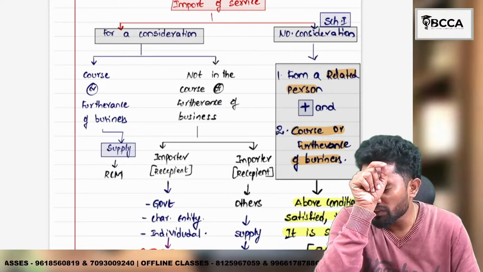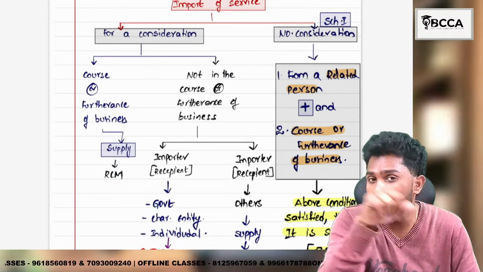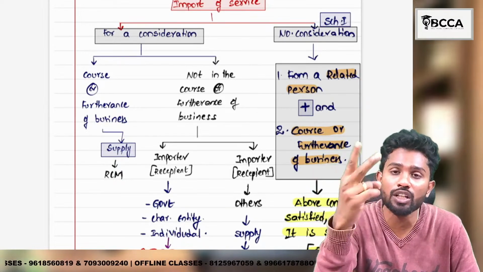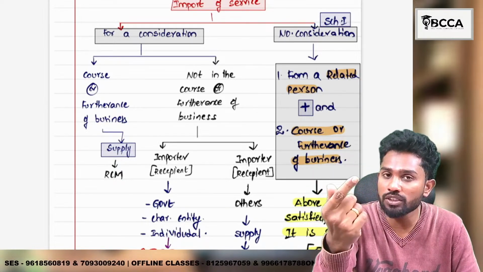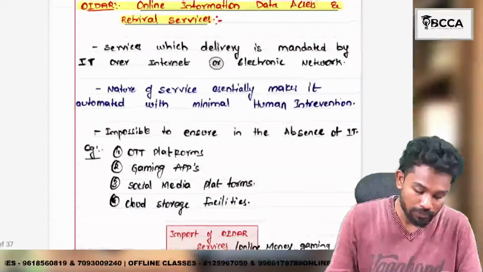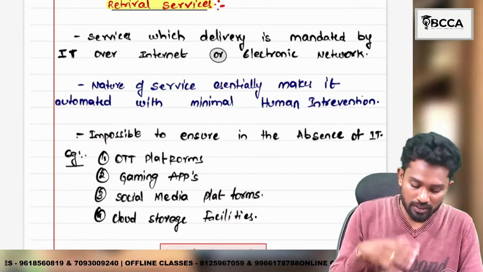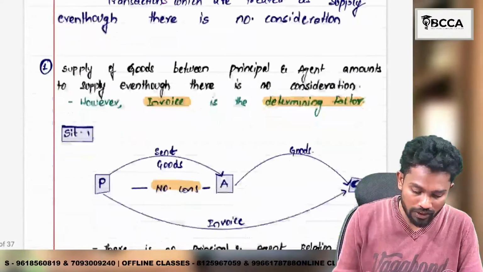So import of service you should check with consideration or without consideration. Without consideration, there are 2 conditions: in the course or furtherance of business, from a related person, then supply. Then OIDAR services, already we had enough discussion regarding this.